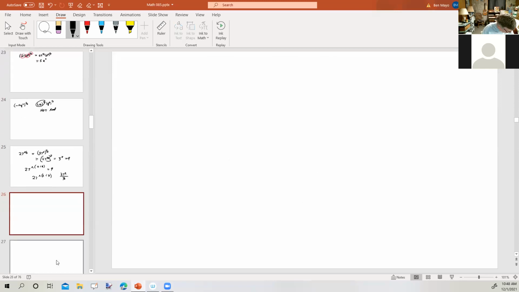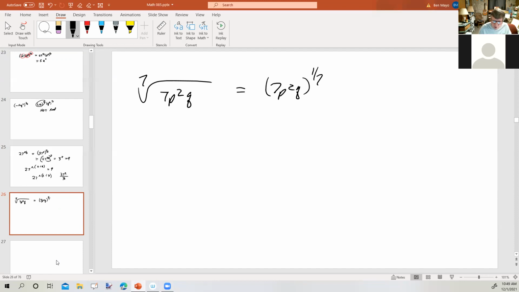Let's see here. How about this one? Change each radical into an exponential expression. We've got the 7th root of 7p squared q. So that would be 7p squared q all to the 1/7 power.